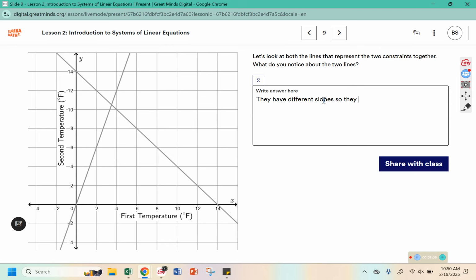So they intersect. They also have different y-intercepts. You can see that one crosses the y-axis at 0 and the other crosses the y-axis at 14.